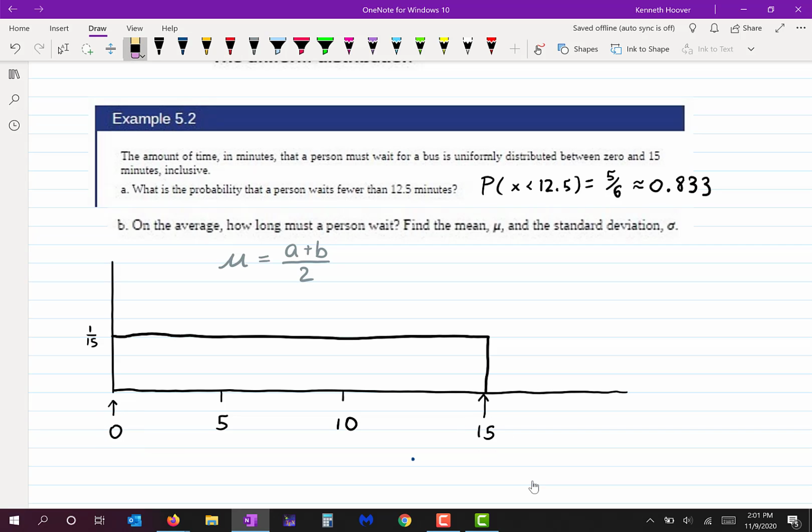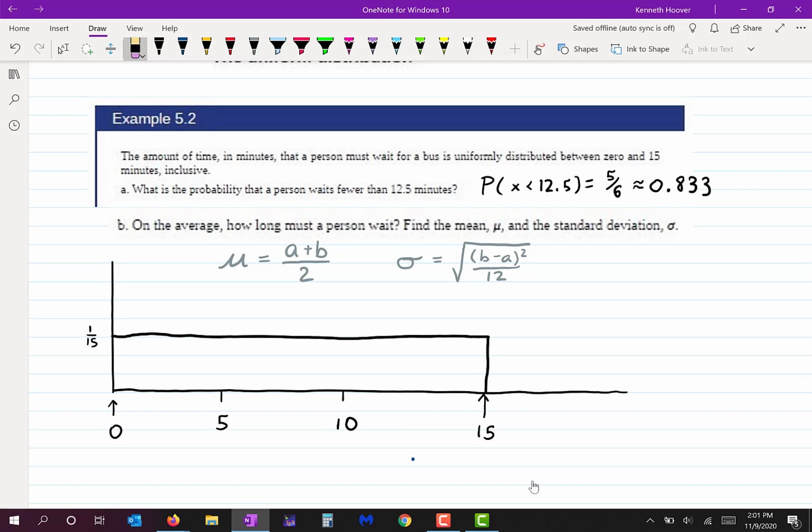The formula for standard deviation for a uniform distribution is the square root of B minus A squared over 12. The bottom is always a 12 when the distribution is a uniform distribution. Those two formulas are at the top of page 247 in the book.